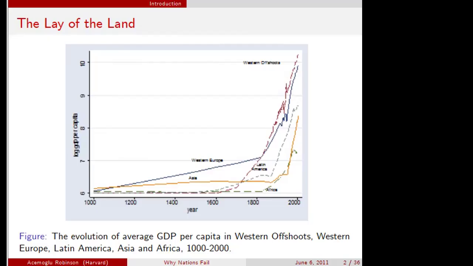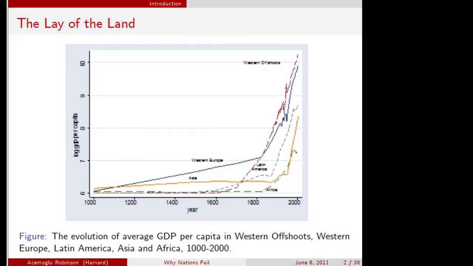We saw that inclusive institutions drive growth through investment, efficient market structures, and importantly, we also discussed creative destruction, where new forms are replacing the old ones. New technology is replacing the old technology, but it has a cost attached to it.